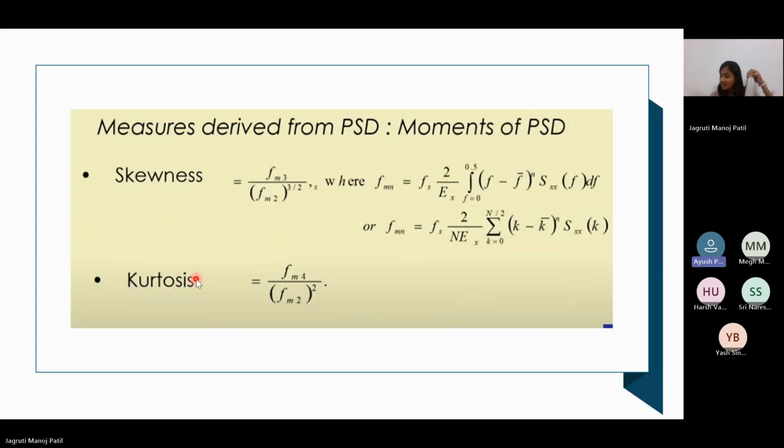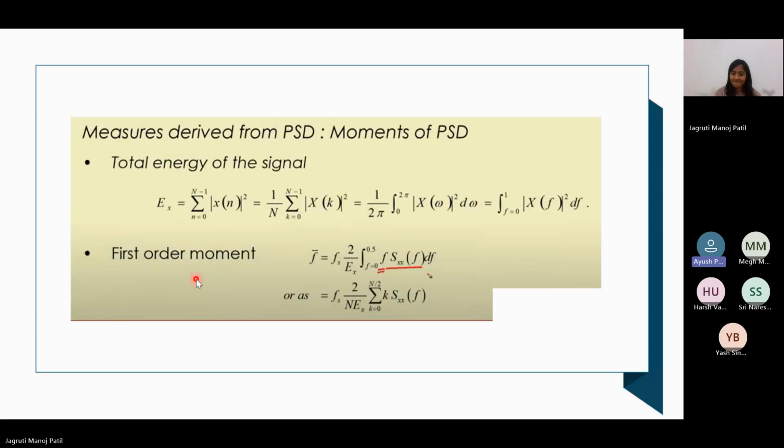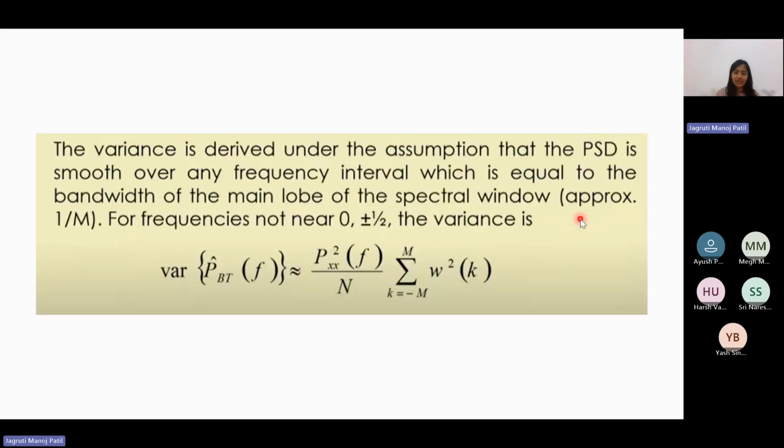Ma'am, I have a doubt still in that question. So the limit will be from 0 to pi for the positive. Because ma'am, in this integration, the limit is given as 0 to 2 pi. See, don't mix things up. I told you this because it's in angular frequency, and this is in frequency. What you were relating over here was in f, I guess.